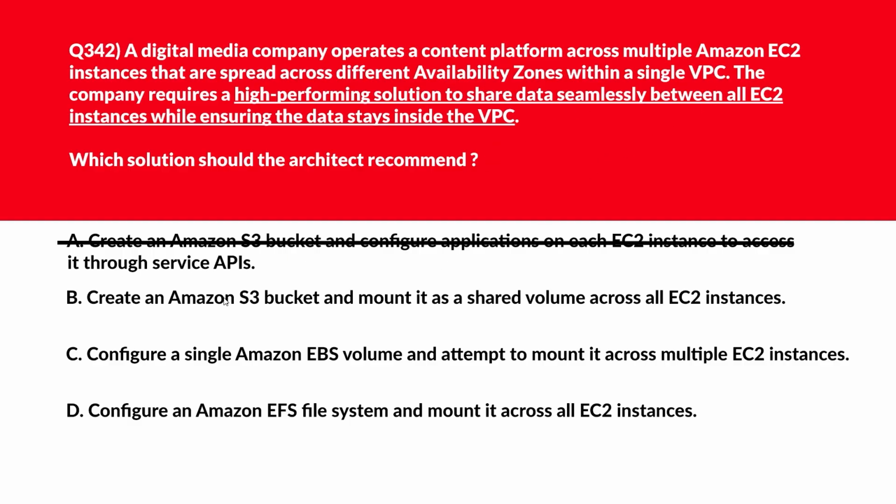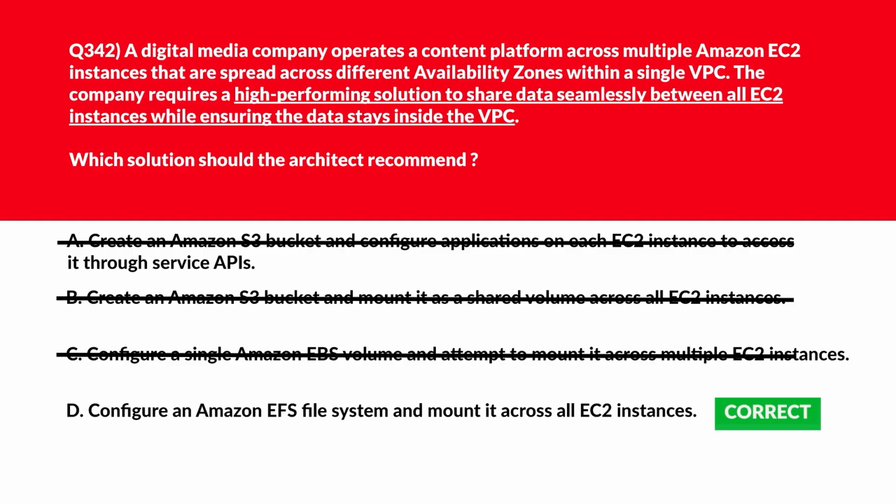Option B, S3 cannot be mounted as a block or file system volume, making this option invalid. Option C, EBS volumes are designed for single instance attachment, not multi-instance sharing. Option D, EFS offers scalable, high-performance shared file storage within a VPC, meeting both performance and data locality needs. Option D is the right choice.